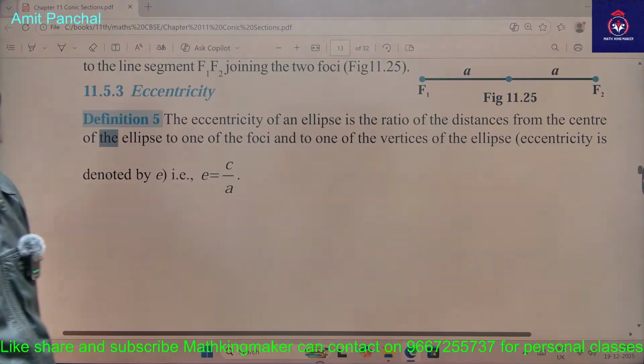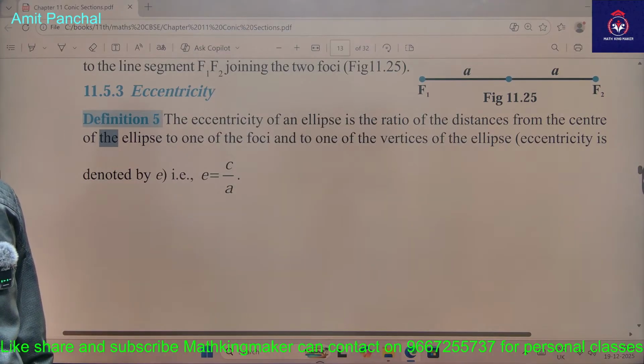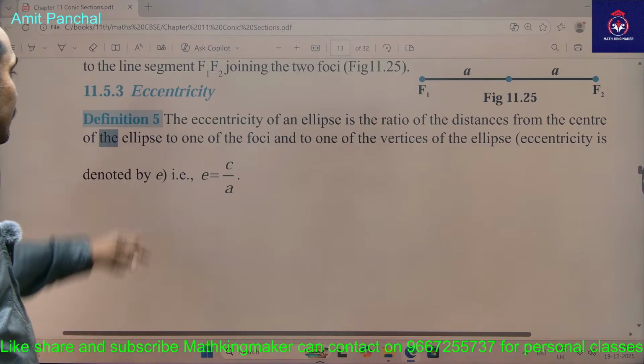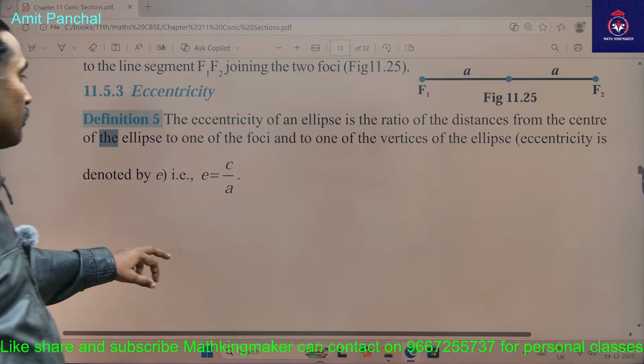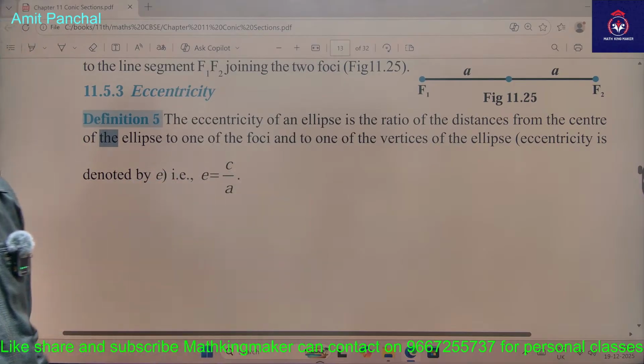By the way, I came across a question before: is the eccentricity ratio more than or less than one? You are talking about eccentricity. What is the value of C?